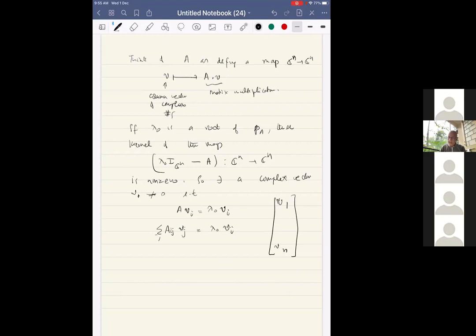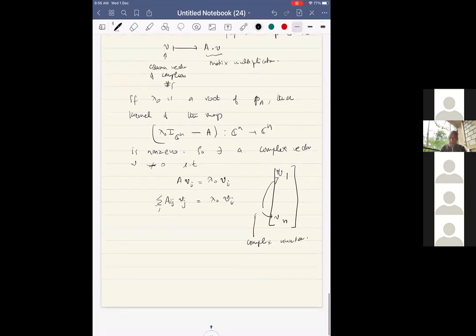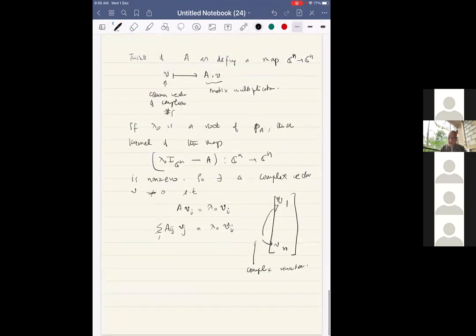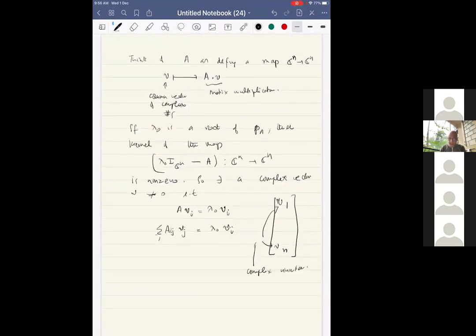So these are complex numbers. I have n equations here, for i equal to 1 to n. Both sides are complex numbers.